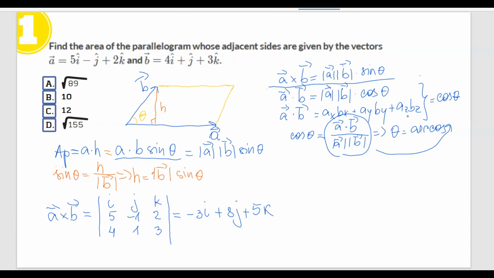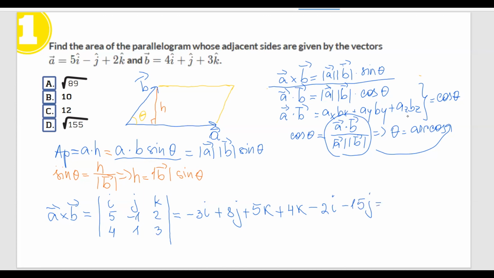And then we go on the other side, the other diagonal, which is minus, and then we have minus 1 here, so it's going to be plus 4k. And then here it's going to be minus 2i from the formula, and minus 15j.